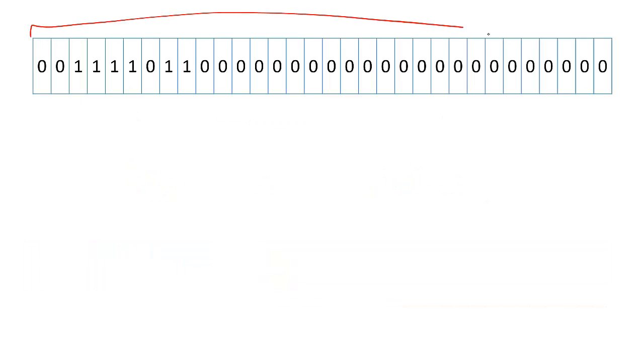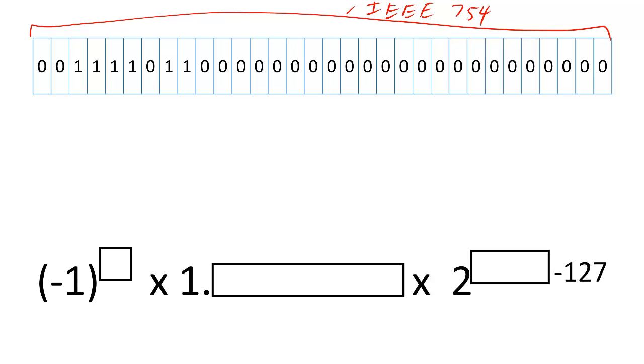To conclude, let's look at one normalized example. Suppose you were asked to interpret this IEEE 754 represented number. First, break the number into its parts, sign, exponent, and mantissa. Since the leading bit is 0, it is positive.